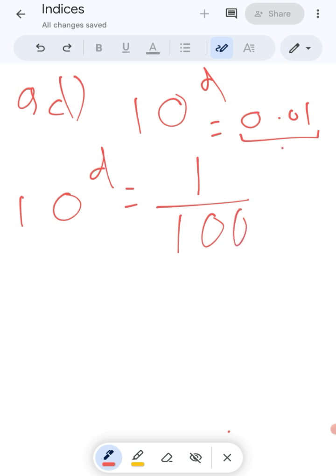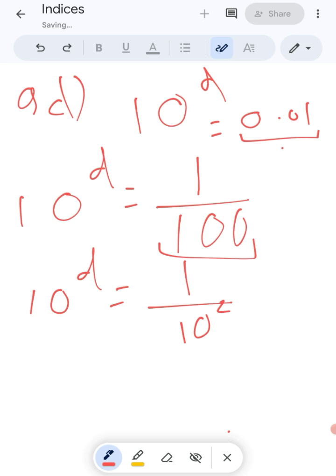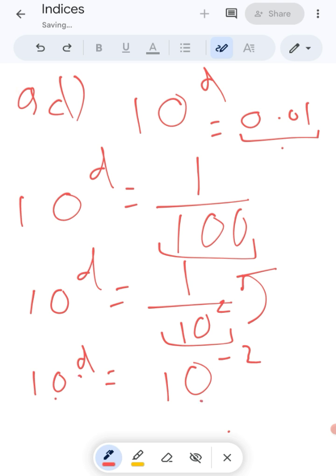Yes, of course, because 1 divided by 100 is 0.01. Now 10^d, put that as it is, is equal to 1 upon this 100. Can I write it as 10 square? Yes, I can, of course. Now 10^d is equal to, if I take something upwards, that becomes a negative power. Do you all agree? Yes, of course. So the bases are the same. Now the power comes as an answer. D is equal to minus 2.